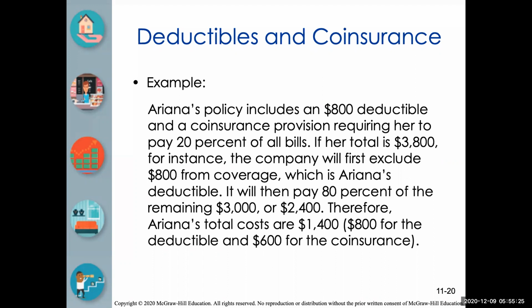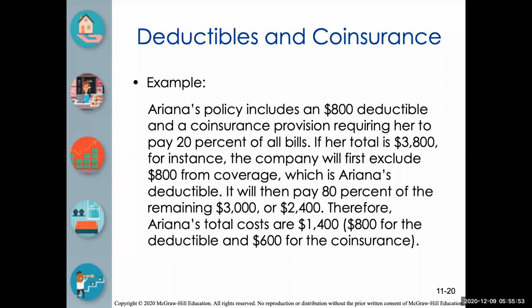And of the $3,800 total bill, that leaves $1,400 left for Ariana to pay, $800 of which is the deductible, and $600 of which is the remaining co-insurance from the $3,000, post-deductible.